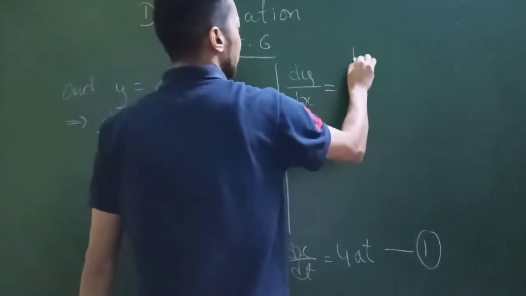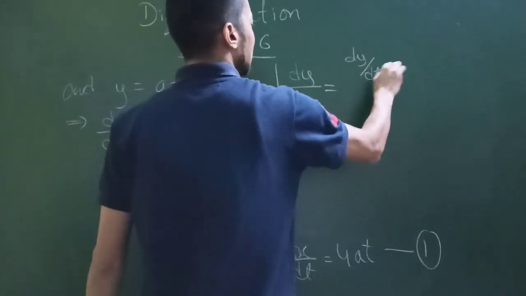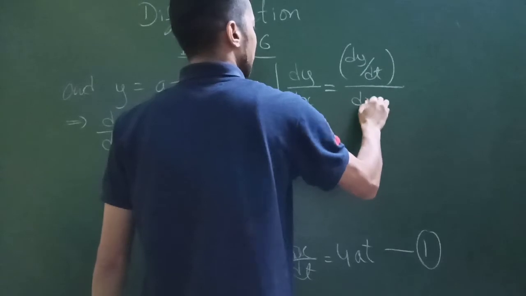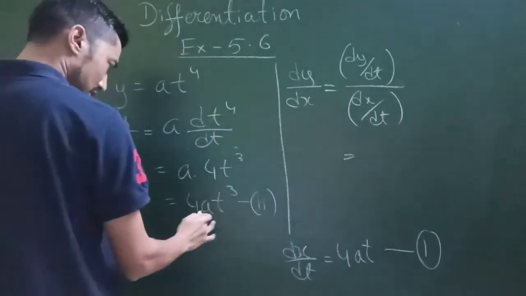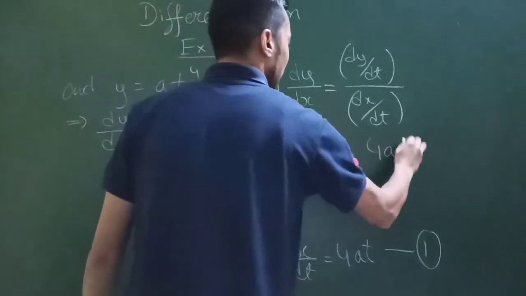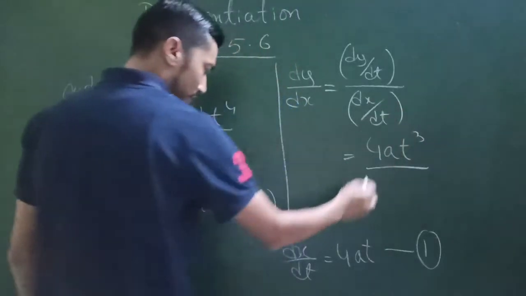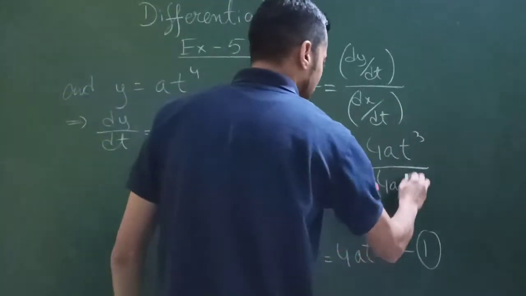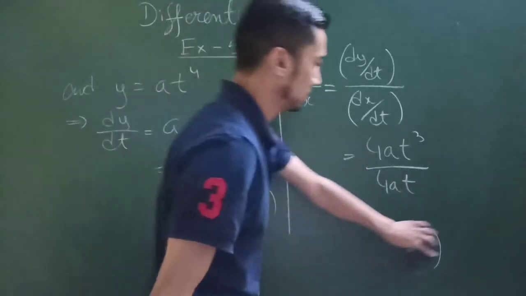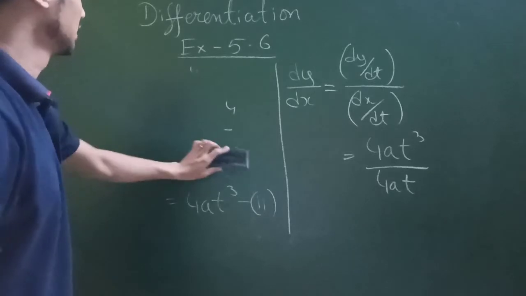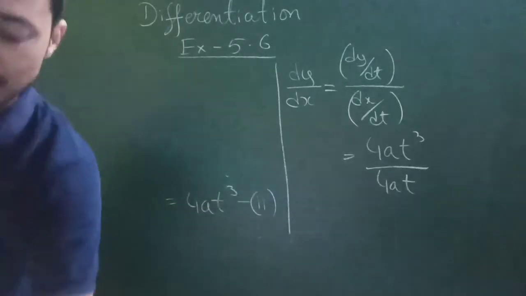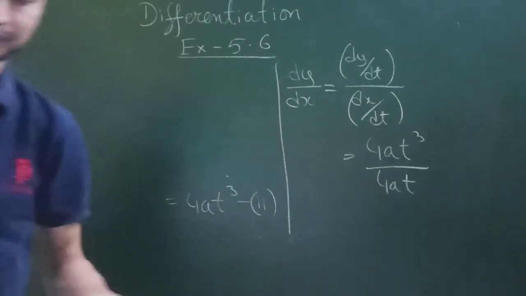Now dy/dx is going to be dy/dt over dx/dt. What was dy/dt? 4at³. dx/dt was 4at. So what is the ultimate solution? Find out quickly.